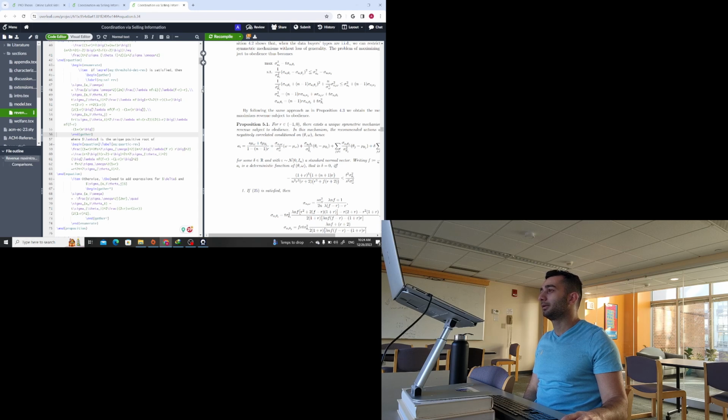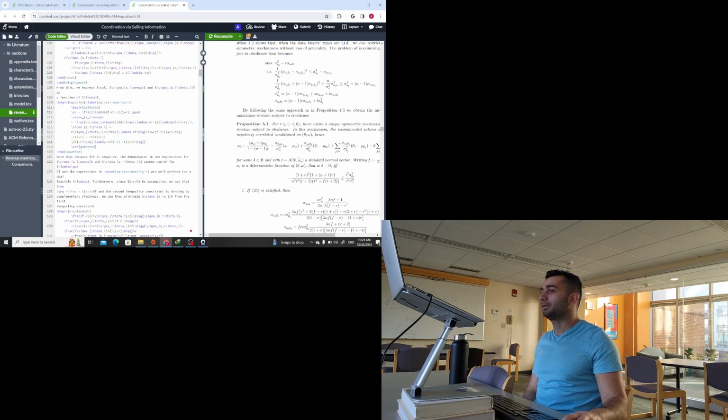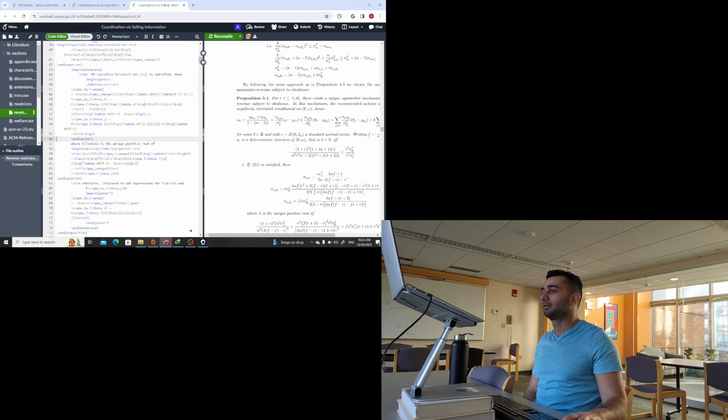This one used gather here. Oh, it's in gather inside equation. That's weird. So okay, we want to look at the labels.